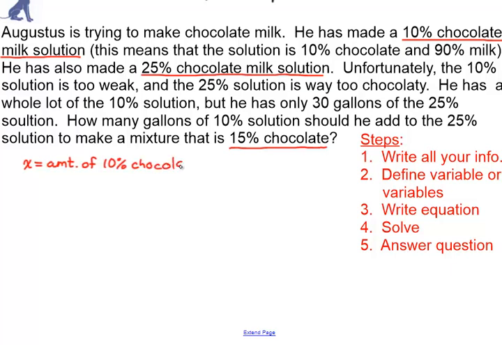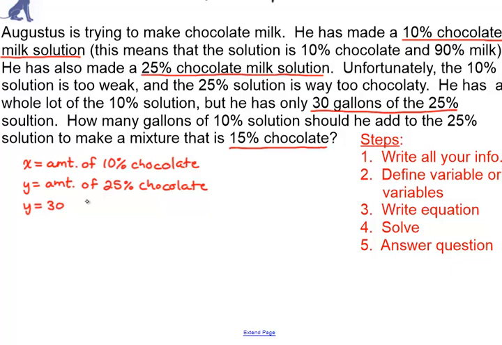And this means all of it, all of the liquid. We're going to let y equal the amount of 25% chocolate. And then we don't know, but he only has 30 gallons of 25% solution. Okay, so we're told that he has 30 gallons. So in other words, y is equal to 30 in this case because we're told that.